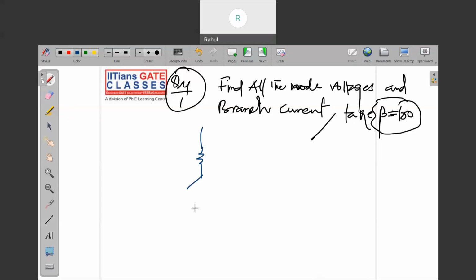So this is just a transistor, and they have also mentioned the value of RE this time. The supply is given as 10 volt, your RC is 4.7K, and your RE is 3.3K.